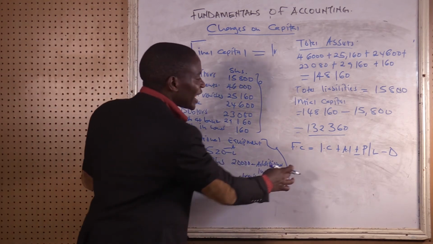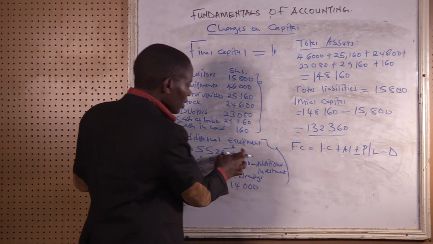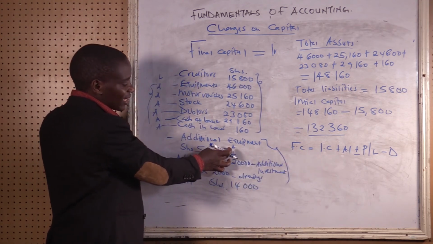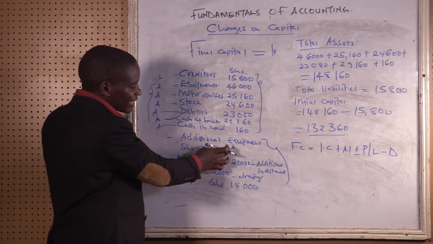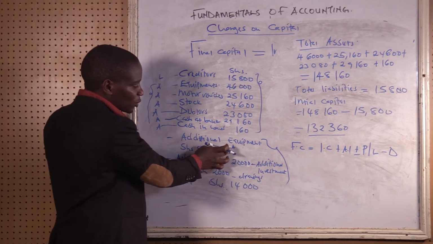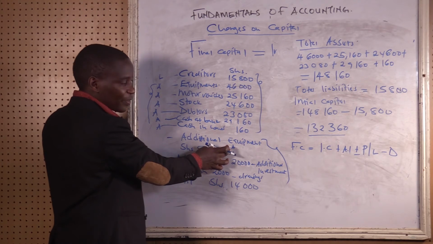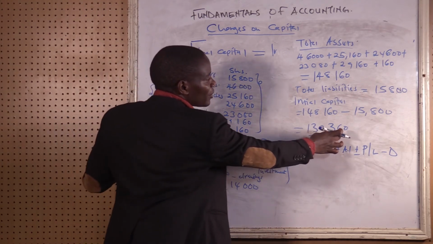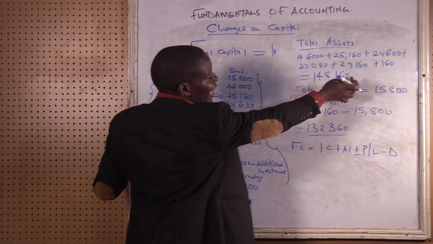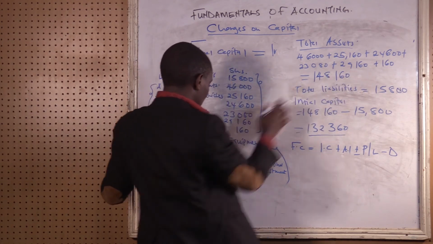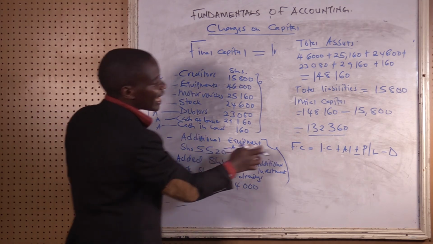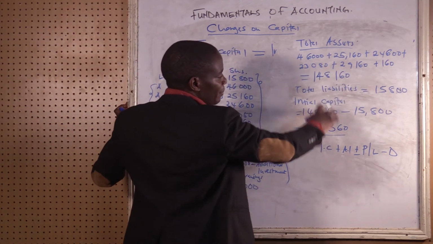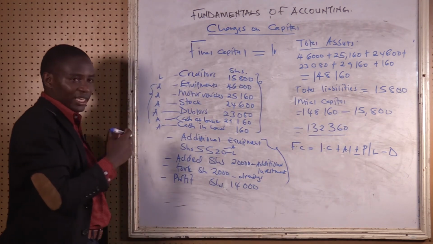So for us to get the capital, we know that these assets were bought on credit. So what will happen on this side? We shall increase the total assets that we had, and this liability shall increase the total liabilities that we had as at the beginning.